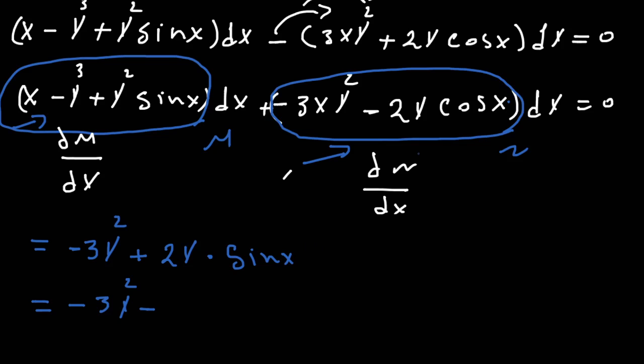Now we're differentiating with respect to x, so y here is a constant and the derivative of a constant is 0, so this is going to be 2y times the derivative of the second part, which is cosine x. The derivative of cosine x is minus sine x. Then minus times minus becomes plus, and we have now the same answer. So dM over dy equals dN over dx.